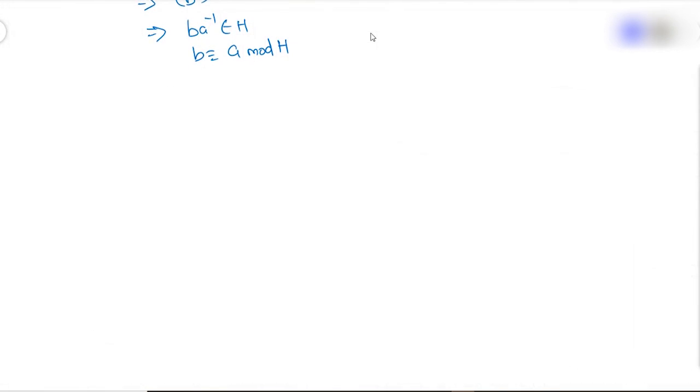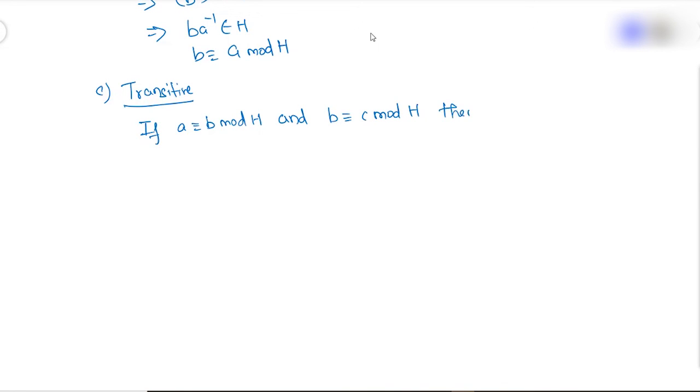Now the final one, the transitive relation. If a is congruent to b mod H and b is congruent to c mod H, then a is congruent to c mod H. This is what we need to prove.